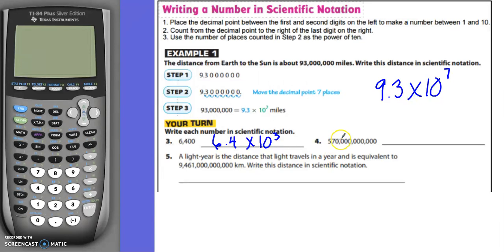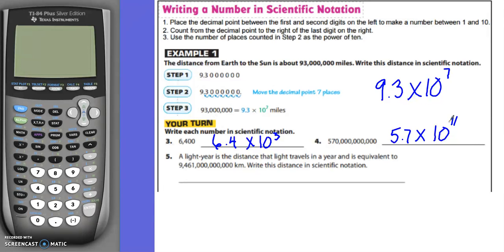All right, look at example 4. The two digits to the left are 5 and 7. So we're going to write 5.7. And now we're going to count however many places it takes to the right. So we have 1, 2, 3, 4, 5, 6, 7, 8, 9, 10, 11. All right, so 5.7 times 10 to the 11.